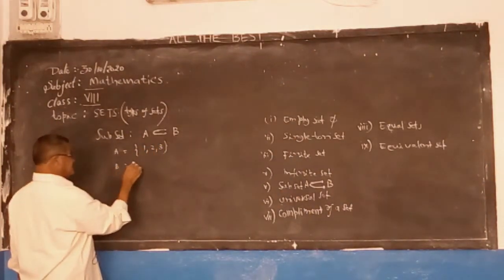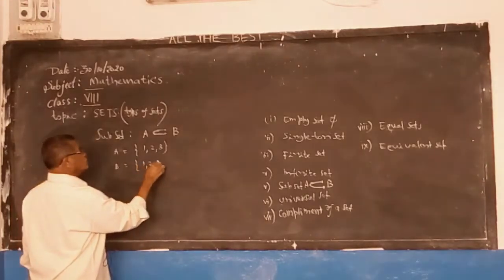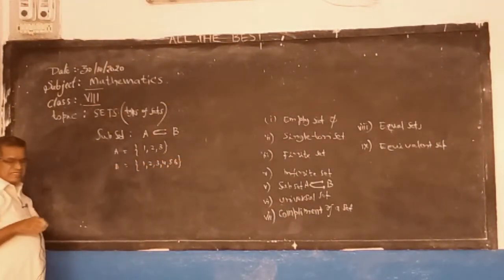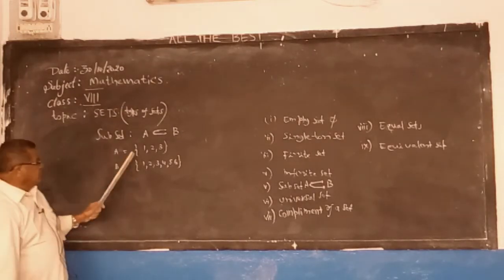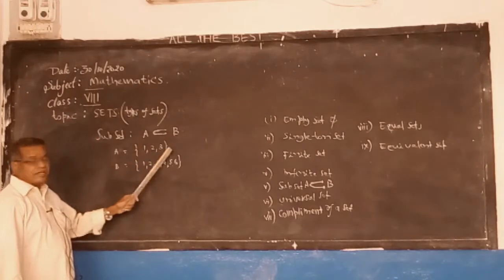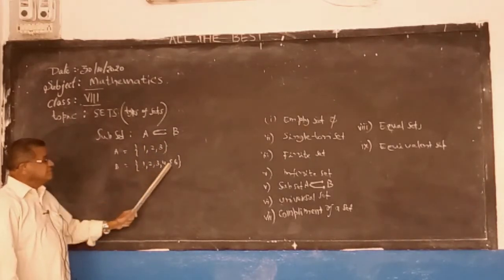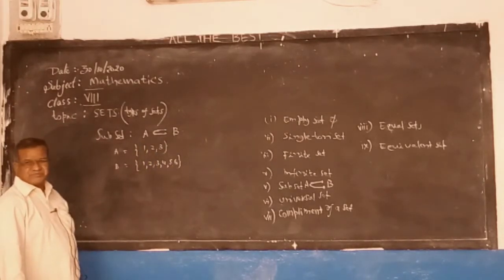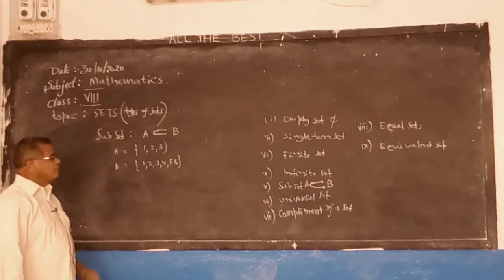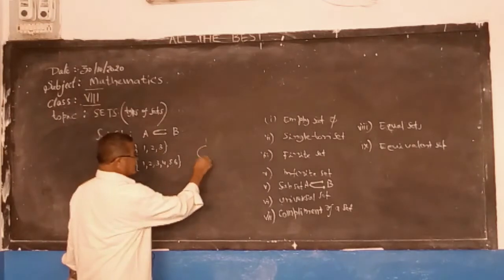Set B contains 1, 2, 3, 4, 5, 6. The elements of set A, 1, 2, 3, are also in set B. Then we say A is a subset of B.